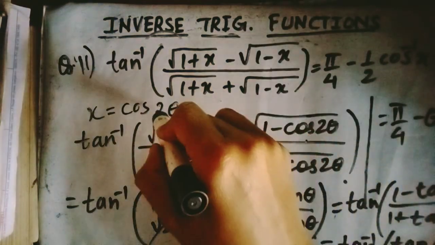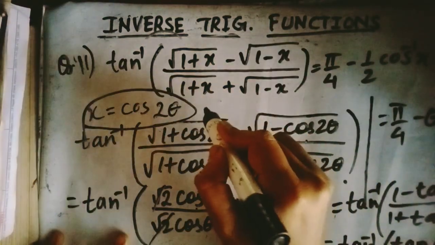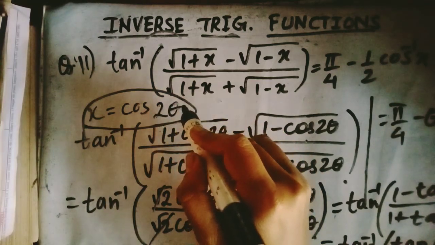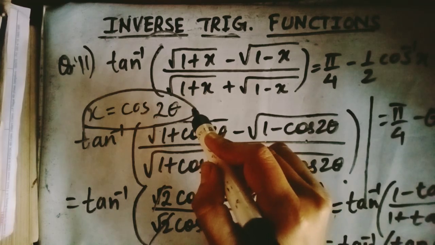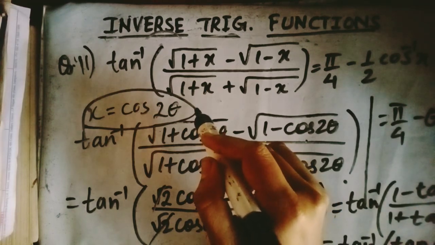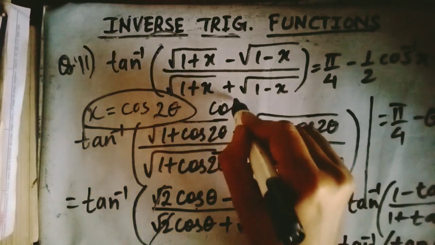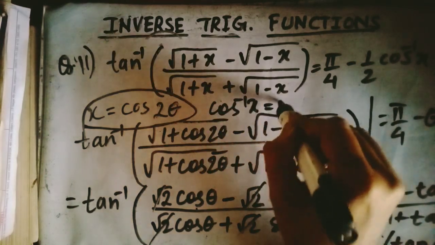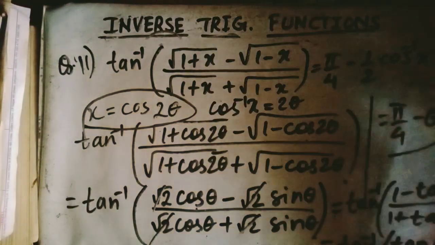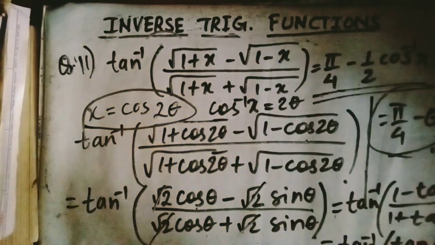And from cos 2 theta equals x, cos inverse of x is your 2 theta, so theta is half cos inverse of x. You can substitute here and you will get this answer.